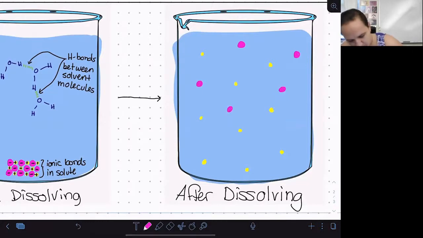But the important part here is that all of our ions are completely separated, that none of them are attached to one another anymore, because this is dissolving completely.